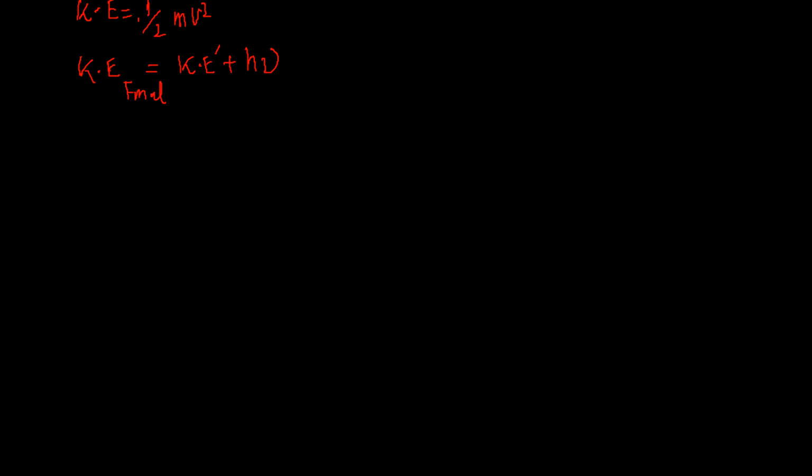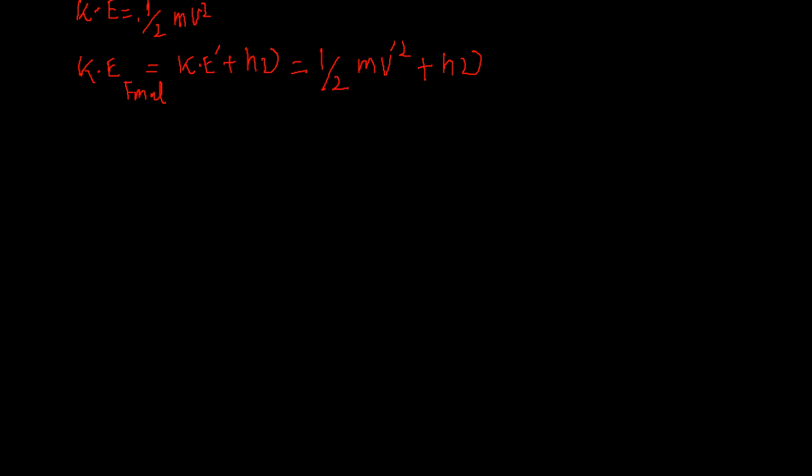So it will be half mv dash square, which is the decreased velocity of the beam of electrons, plus h nu, the energy of the continuous radiation photon.